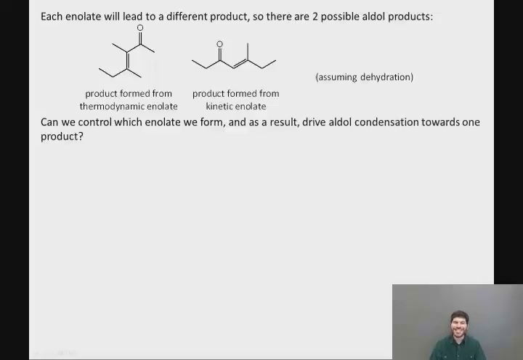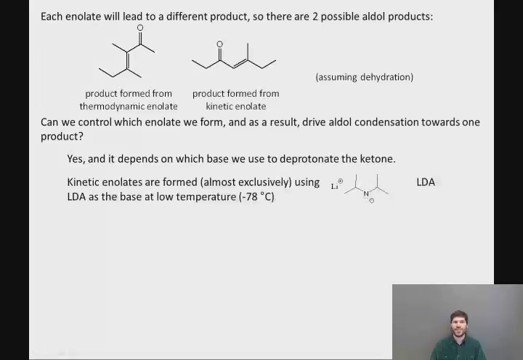So the question is, can we control which enolate we form, and as a result, drive the aldol condensation towards one product? The answer is yes, but it depends on which base we use to deprotonate the ketone. The kinetic enolates are formed almost exclusively using the base LDA at low temperature.